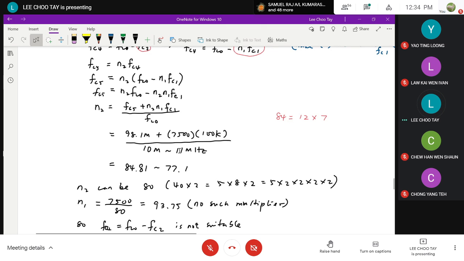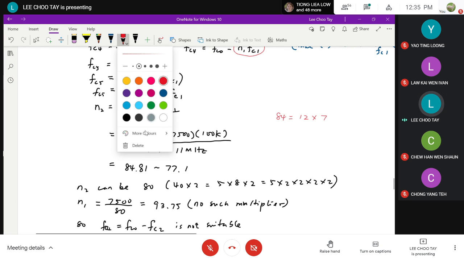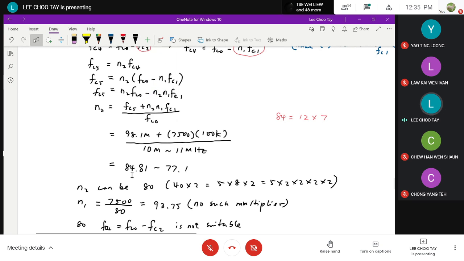So if you press on your calculator, when your FLO is 10 meg, you get an N2 value of 84.81. And when it's 11 meg, you get N2 of 77.1.